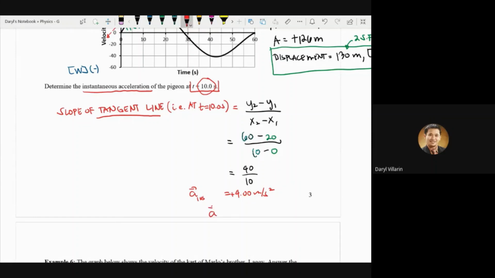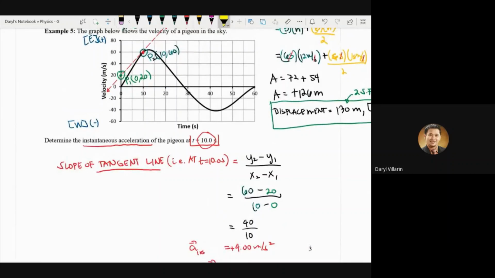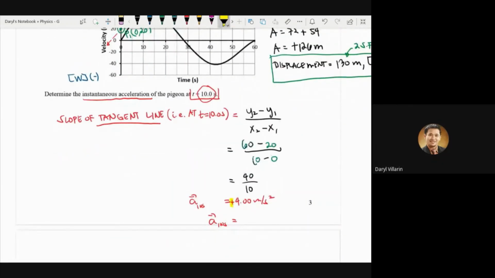And again, always change from positive notation to the direction. I've used positive to pertain to east, so a positive sign means east. So this should be 4.00 meters per second squared east.